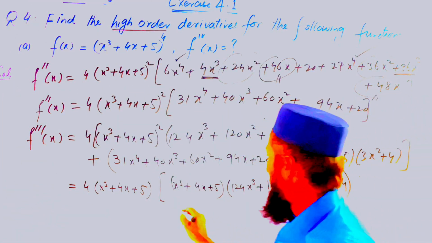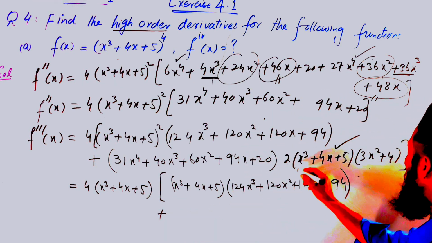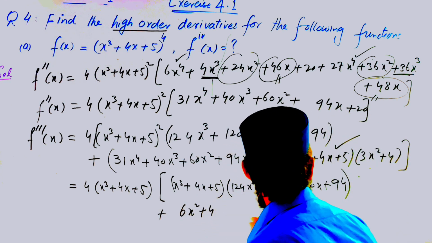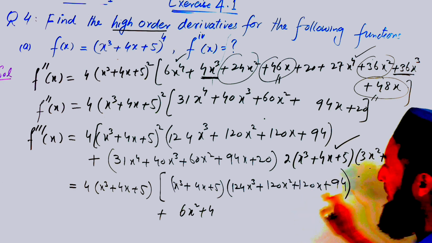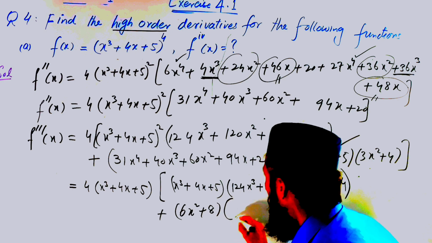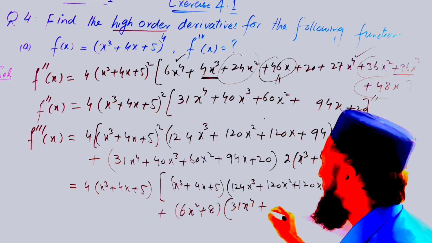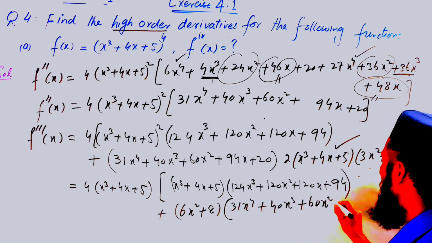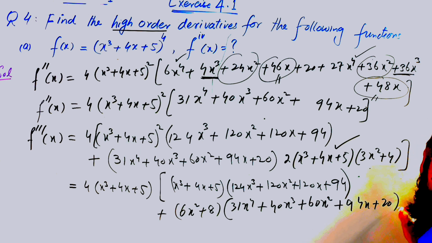Plus 31. This term is common, so we get 6x square plus 8. If 2 multiplies 3 we get 6, and 2 multiplies 4 we get 8, and this term 31 x power 4 plus 40x cube plus 60x square plus 94x plus 20.